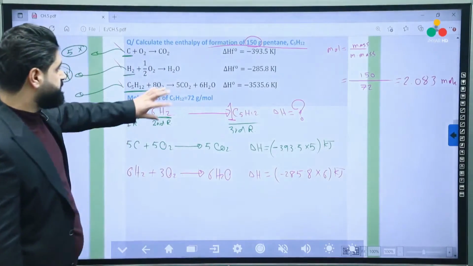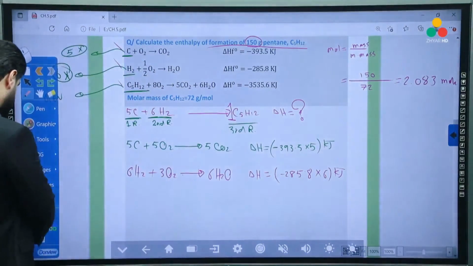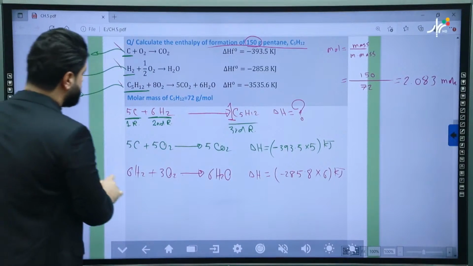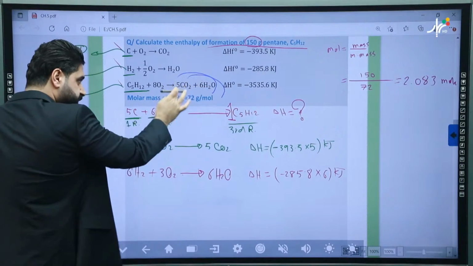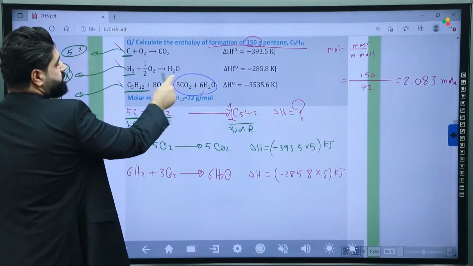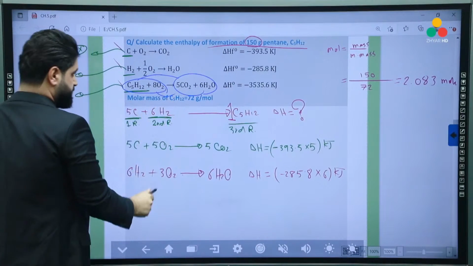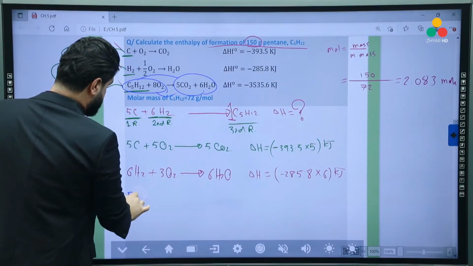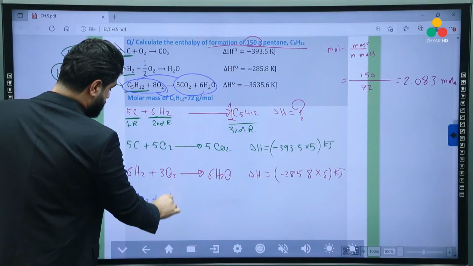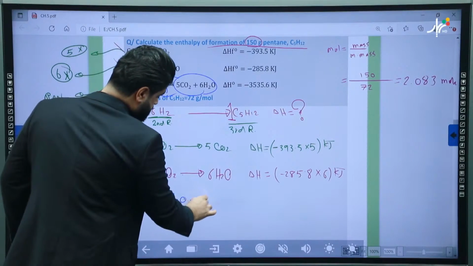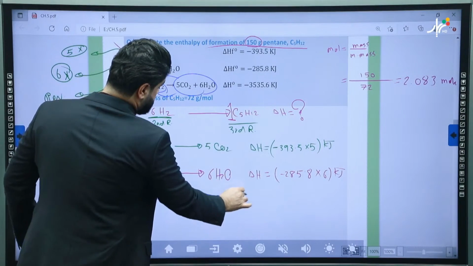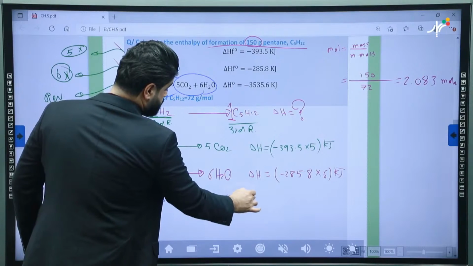The last one must be reversed. Let me show you. If you reverse, what will happen? Okay, bring them for the reactant and bring them for the product. It will be 5 CO2 plus 6 H2O producing C5H12 plus 8 O2.